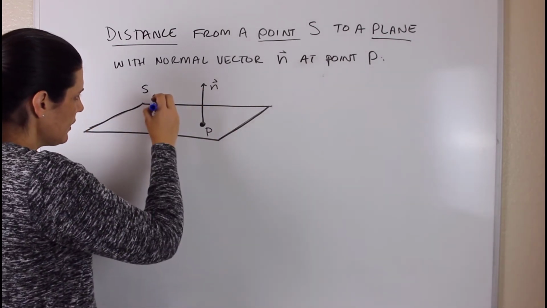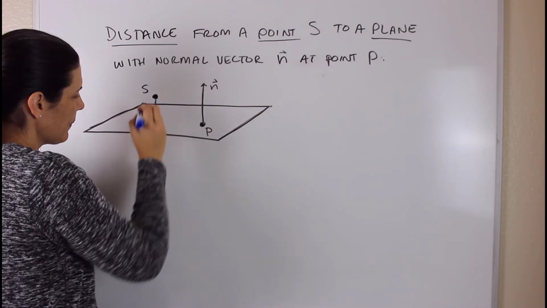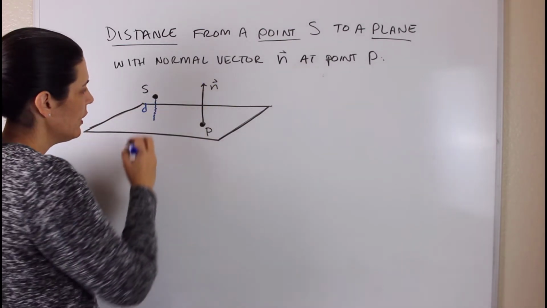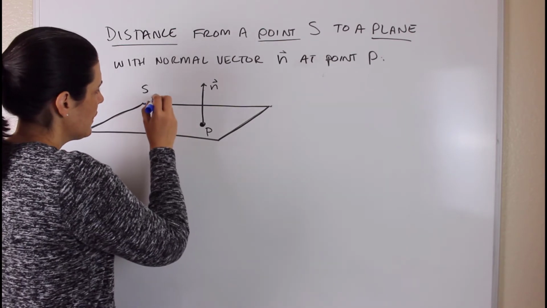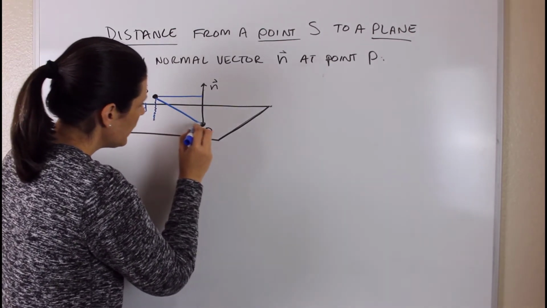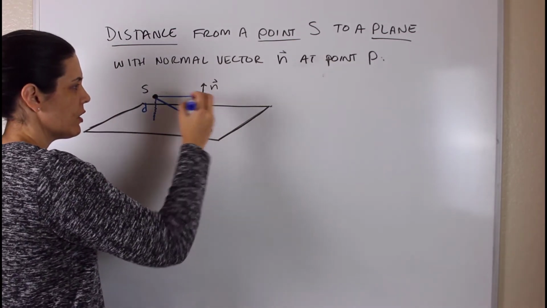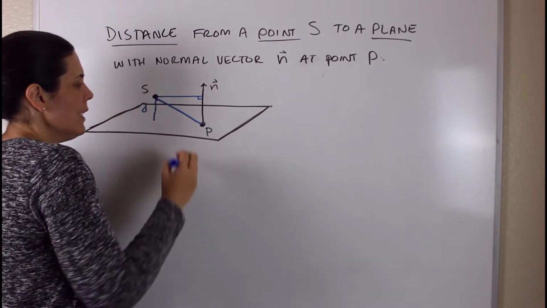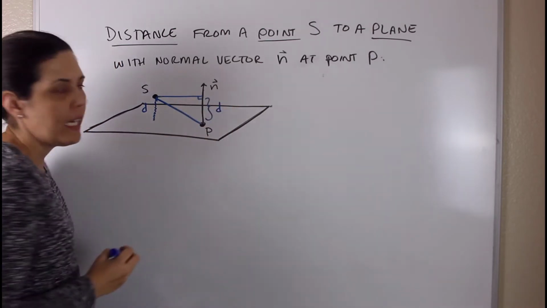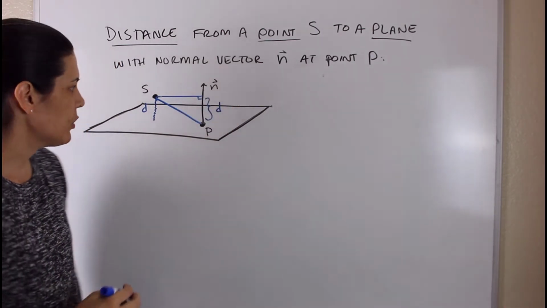Yes, this is going to be our distance D, but we're going to form a triangle over here with this normal vector N, this vector normal to our plane. Let me go across here, and then P to Q as well, and we have this triangle that we can form. This distance that we're looking for is really this side of this triangle, which is kind of interesting.